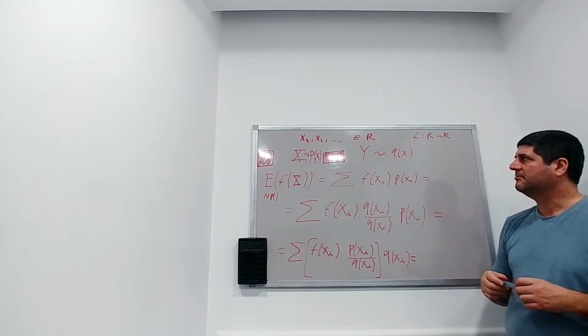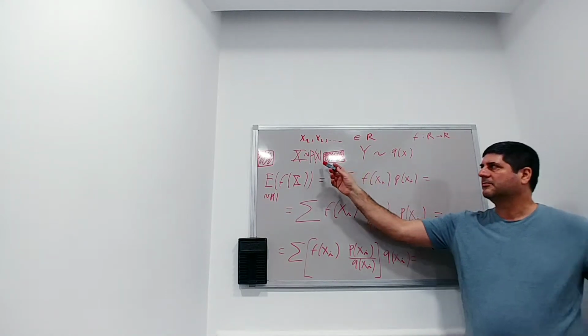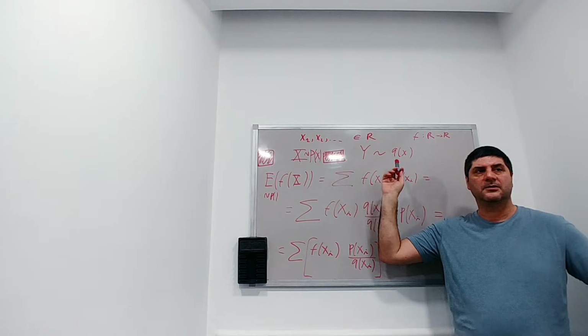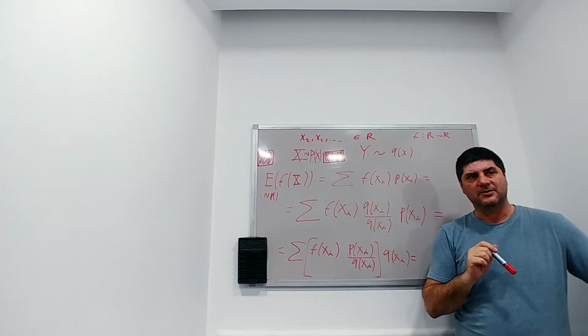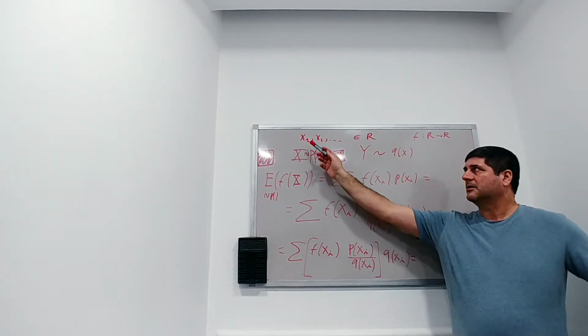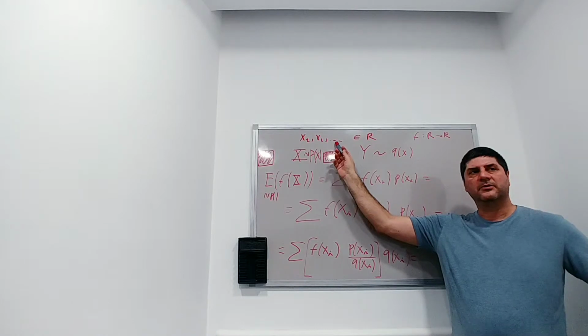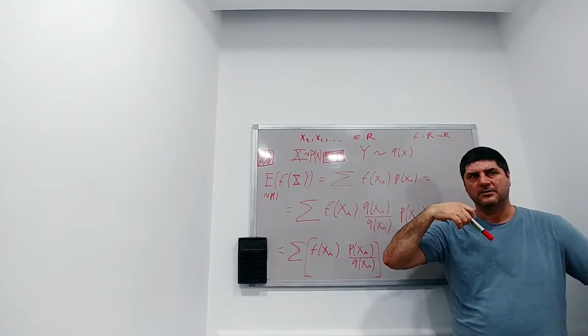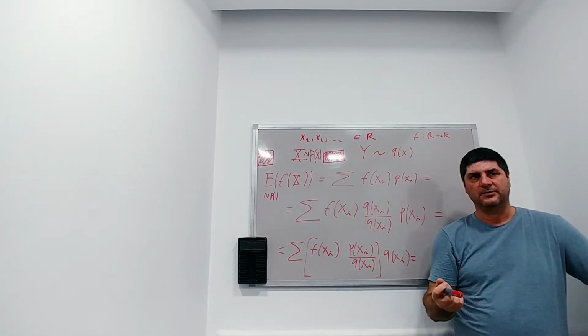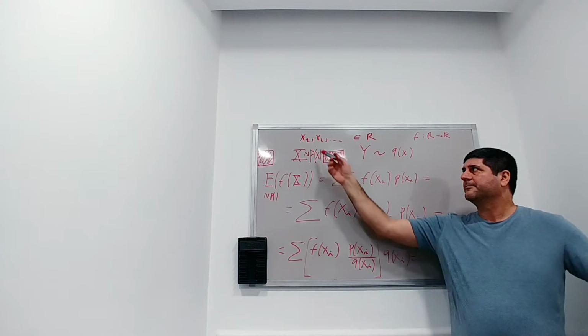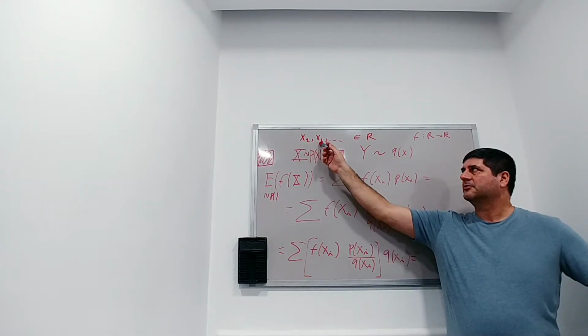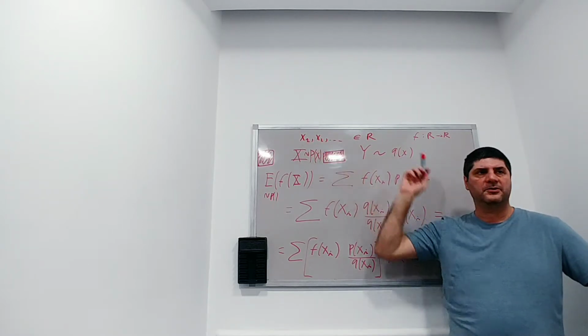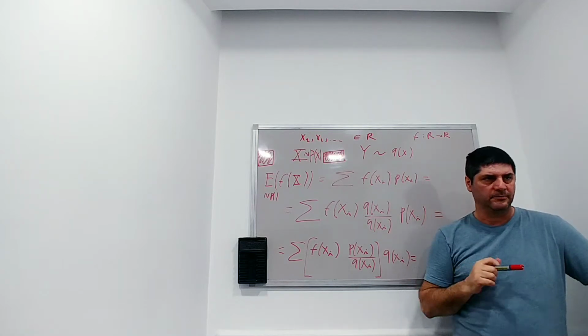Also, to simplify the calculation, I'm talking now about a discrete distribution. So I just have a countable number of states, and the distributions are defined on those states, with positive probability for each of these states, x1, x2, and so on.